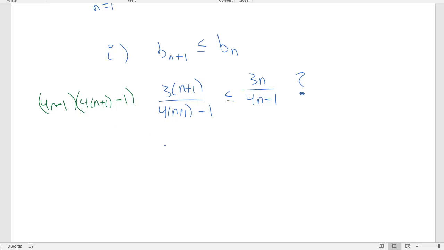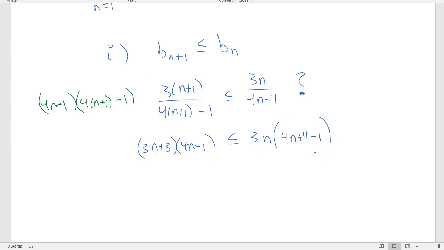So I'm left with the numerator here of 3n plus 3, and then 4n minus 1. That was what didn't cancel over here. And then is that less than or equal to? So when I take this term and multiply on this side, the 4n minus 1 cancels, and I'm left with 3n times, and then I have the 4n plus 4 minus 1. I'm just distributing the 4 here to clean that up a little bit.